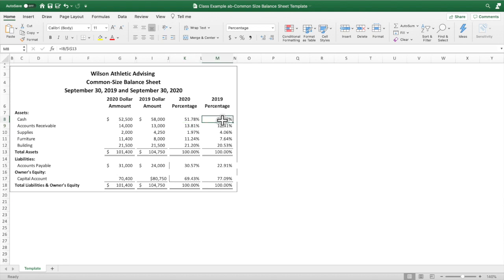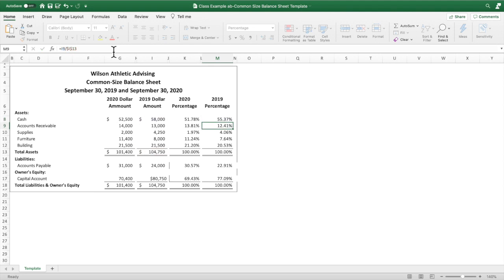Now we're going to do 2019. So we're going to do equals. We're going to take this number divided by this number. We'll make it an absolute number here. Oops, did something wrong there. This divided by this base figure.